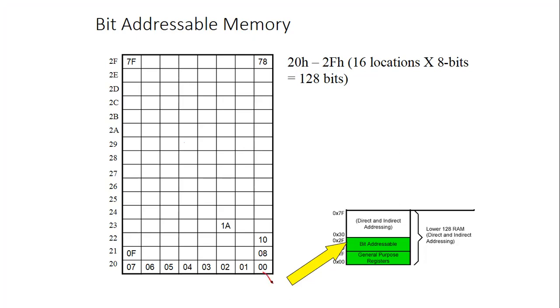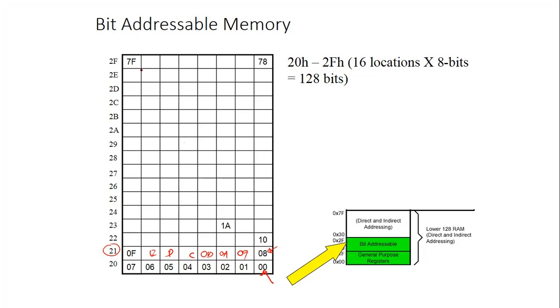So this is known as the bit addressable area. So in memory location 20H, the first bit is 00, next is 01, 02, 03, just like chair numbers. Okay, in the next location 21, the first bit, or first chair, is labeled 08, 09, 0A, 0B, C, D, E, F. After that, in memory location 22, the first bit is labeled 10H.